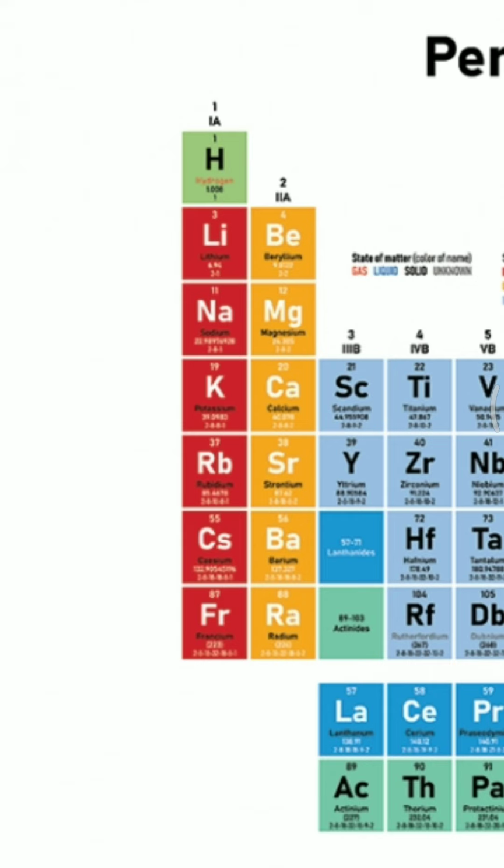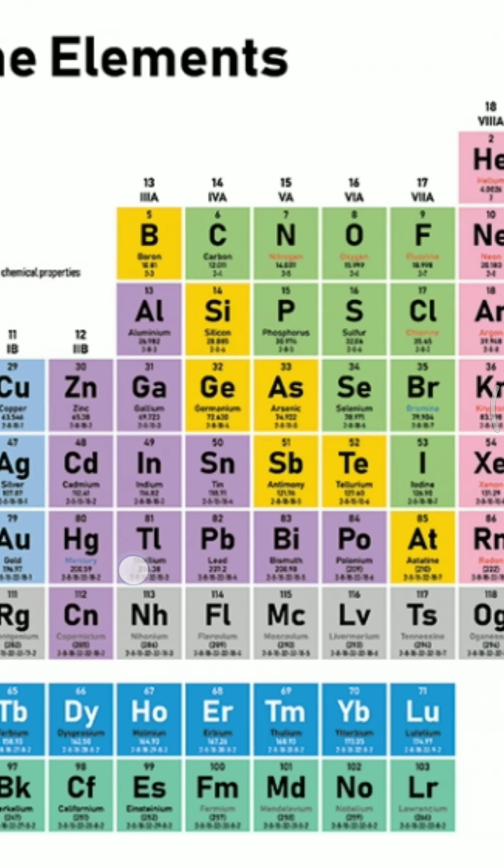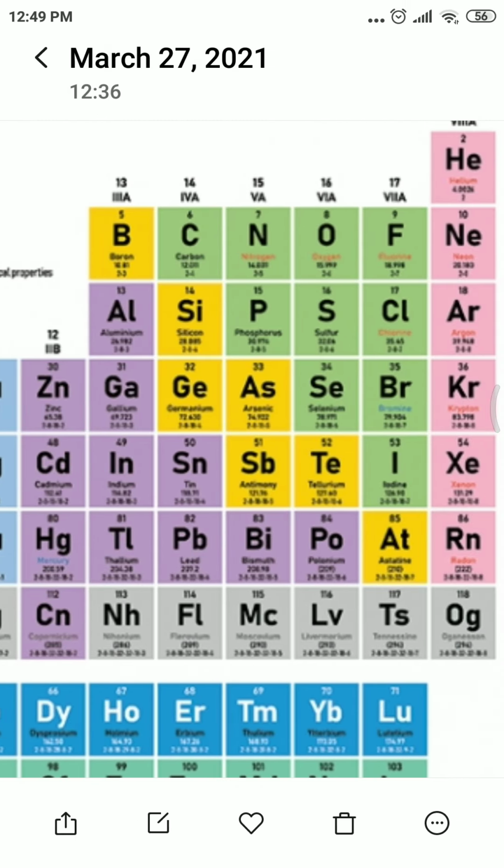For helium, which is shown here, it has two protons, which means it should have two electrons to be stable. That is how the structure of a stable atom is basically constructed.